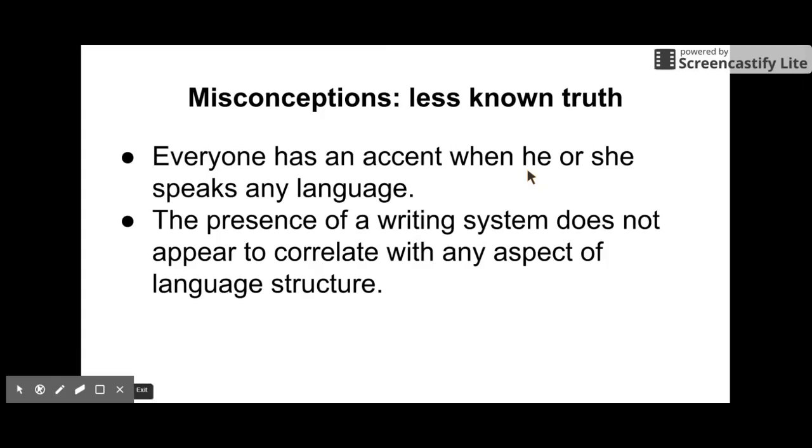Yeah, because the written system is not something that we subconsciously know about language. We have to learn how to write in school consciously. So the written system would not be really related to linguistic competence.